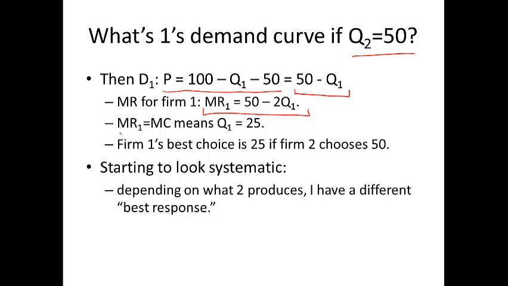Setting MR1 equal to MC, remember MC is 0 in this example, gives us a solution Q1 equals 25. In other words, firm 1's best choice is to produce 25 if firm 2 chooses 50. Now this is starting to look systematic. The answer is that depending on what firm 2 produces, I, firm 1, have a different best response.